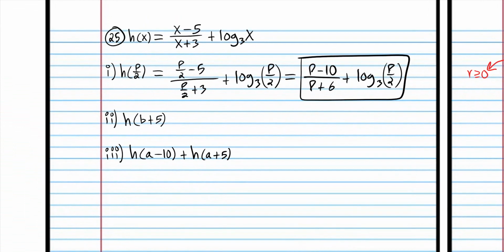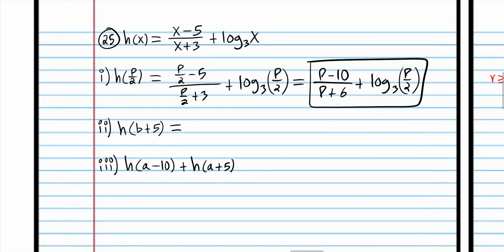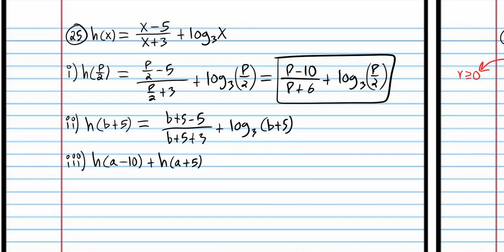Okay, so now let's find h of b plus 5. We're going to write the same exact expression that we have to begin with, except instead of x, we're going to plug in b plus 5. So we plugged in b plus 5 here and here, and also here.